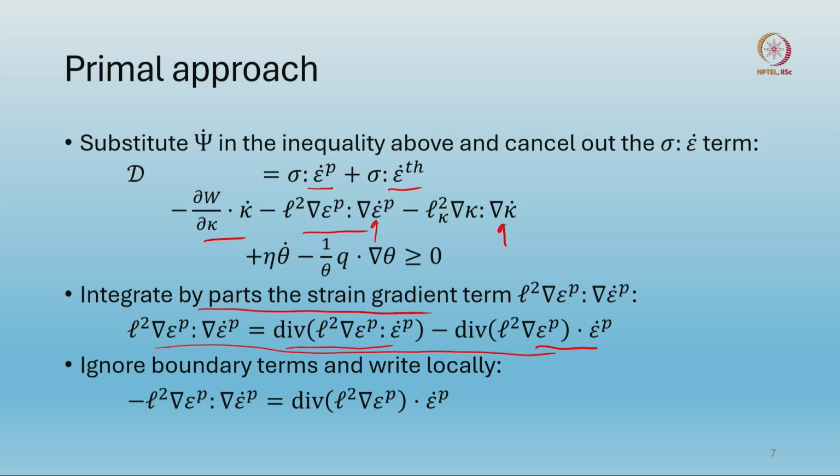So if we ignore the boundary terms and write locally, because the boundary does not come as part of the local transfer of force, then we can take only this term for the equality, ignoring the boundary effect for the time being.